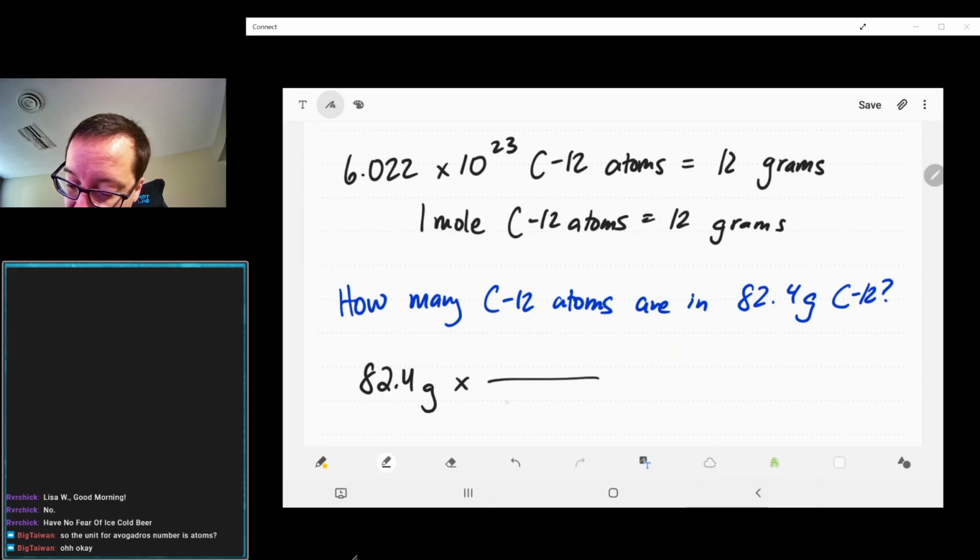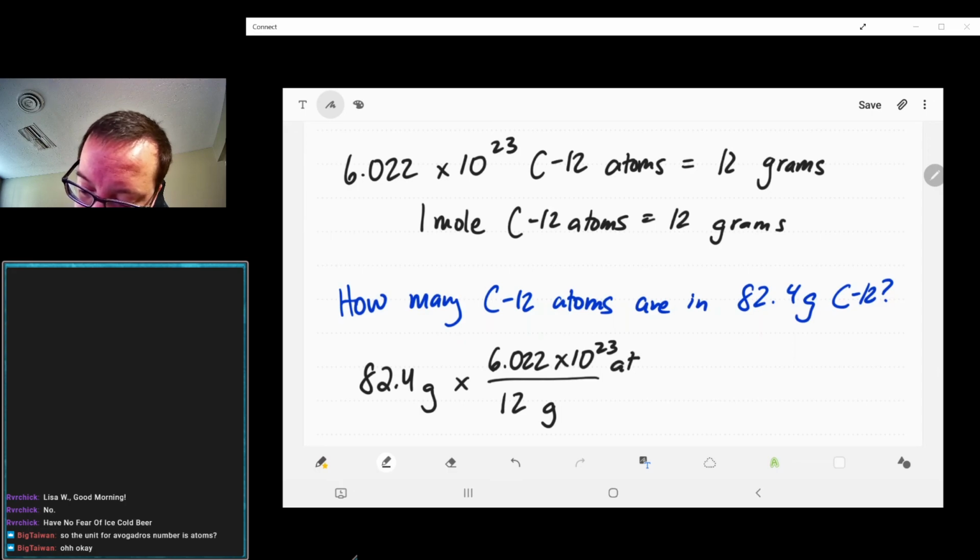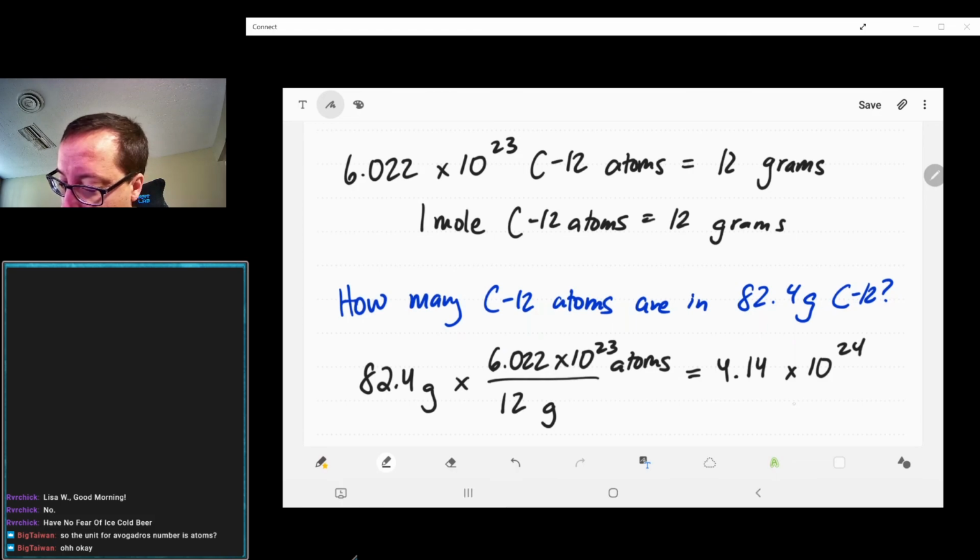We know for carbon-12, 12 grams is Avogadro's number of atoms. Doing that, 82.4 divided by 12 times Avogadro's number, we get 4.14 times 10 to the 24 atoms.